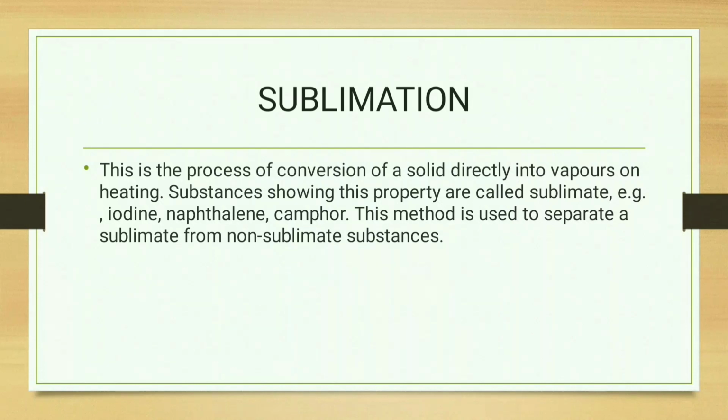We have studied it in the states of matter, the three states: solid, liquid and gases. There we have studied the reversible process, the conversion of a solid directly into vapor on heating. Substances showing this property are called sublimates. Examples: iodine, naphthalene, camphor, which we say kapoor. This method is used to separate a sublimate from a non-sublimate substance.